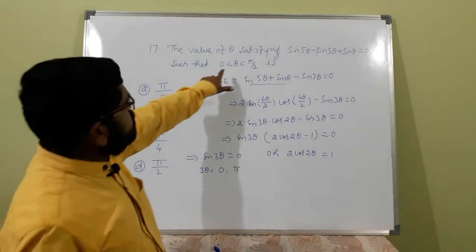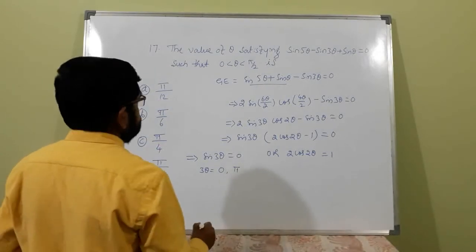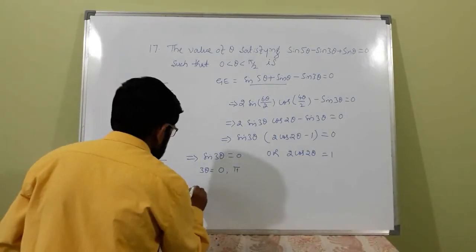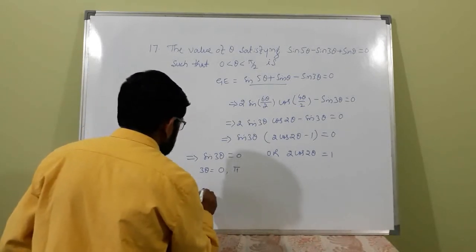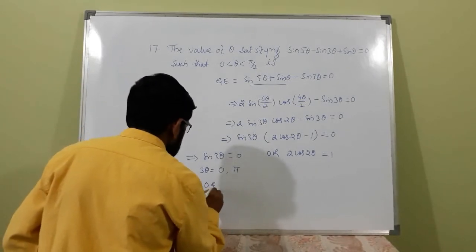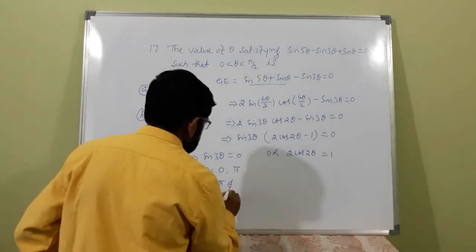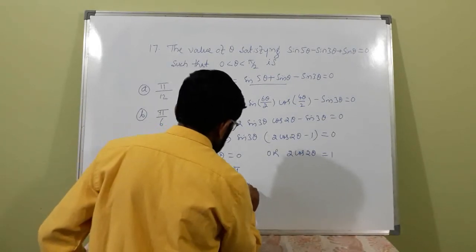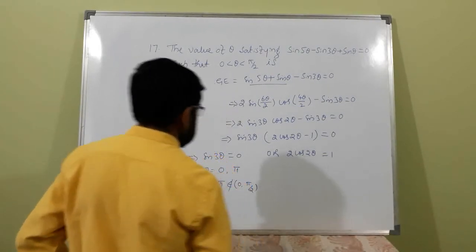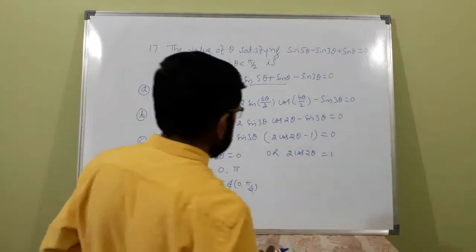But under this range, since theta lies between 0 and π by 2, you need not consider this part.